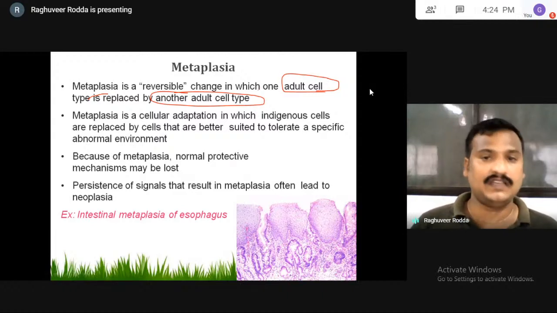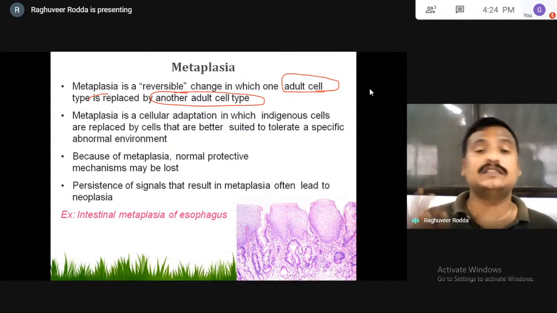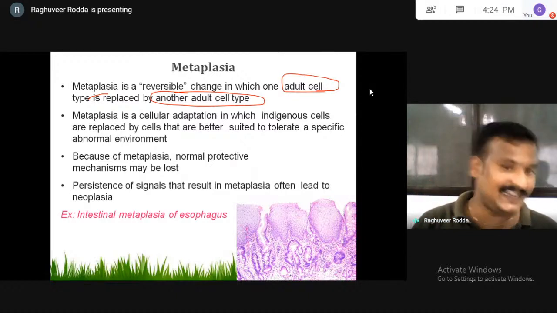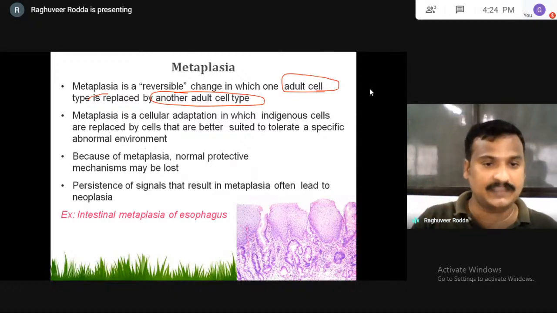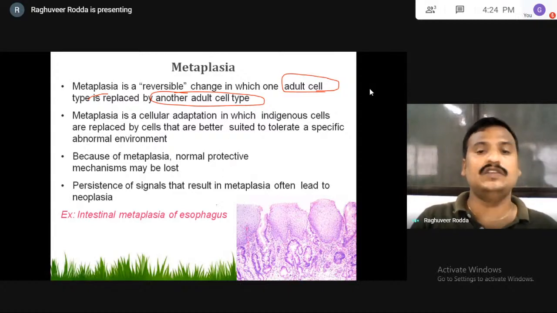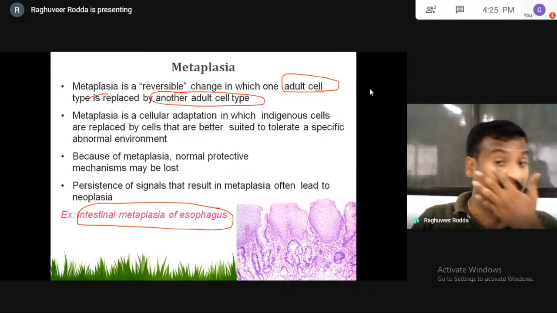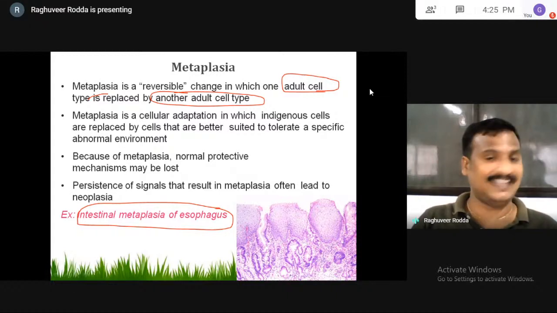So in metaplasia, indigenous cells are replaced by a better cell, which is going to tolerate a specific abnormal condition. The best example is intestinal metaplasia of the esophagus. Intestinal metaplasia of the esophagus is one of the best conditions to explain metaplasia, where the esophageal squamous cells are going to change.